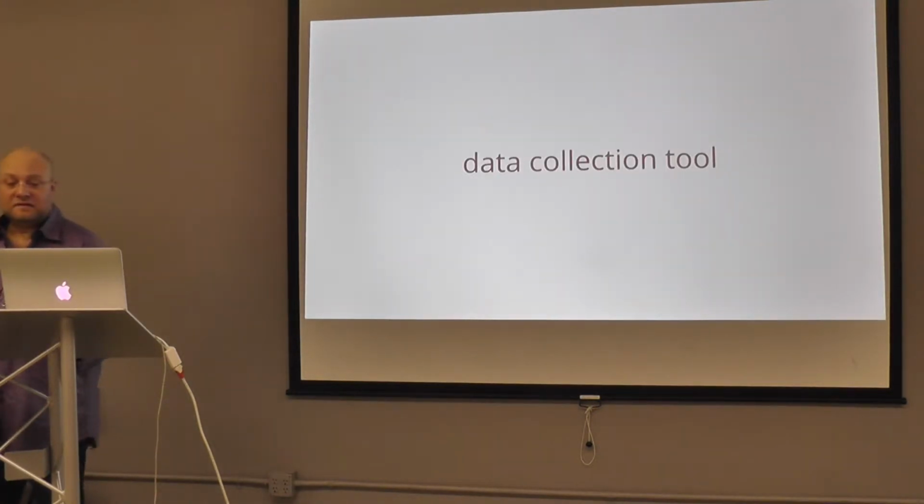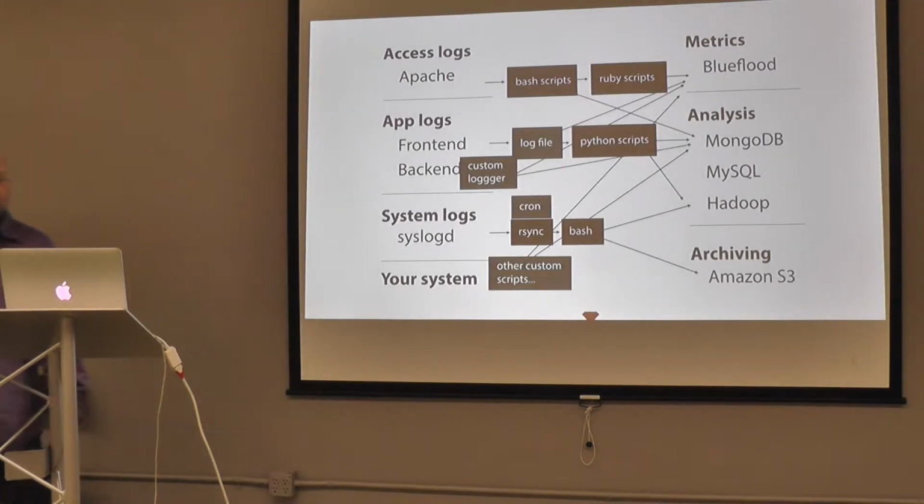So, as I said before, we're a data collection tool. Back in the bad old days, and still a lot of the time now, if you have a system that consists of different things, you have a pretty much hairball of getting the data from one place to another. For example, we've got access logs in this particular system. We might have a Ruby script sending it over to BlueFlood.